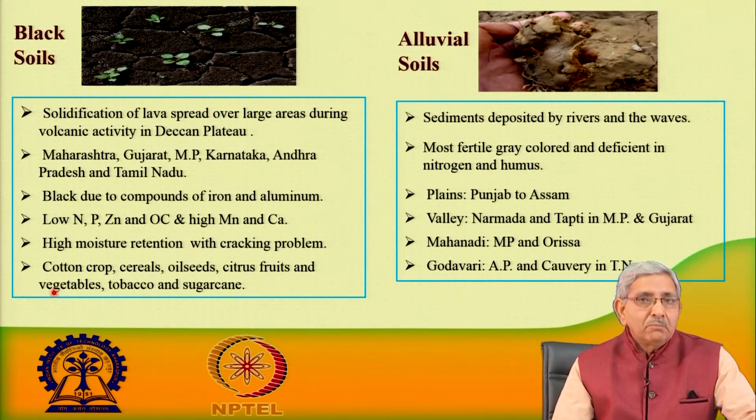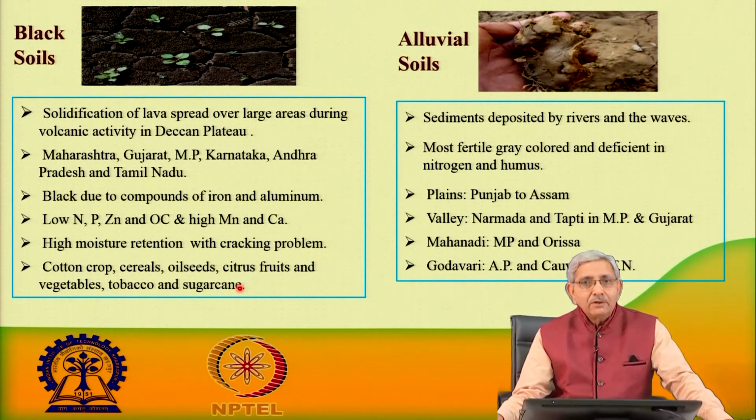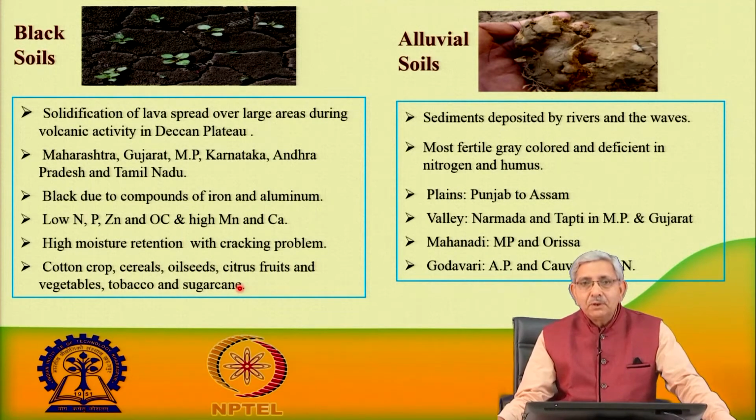The major dominating crops in these soil regions are cereal crops, oilseed crops, citrus, fruits and vegetable crops, and sugarcane, which are highly suitable to drip irrigation system.